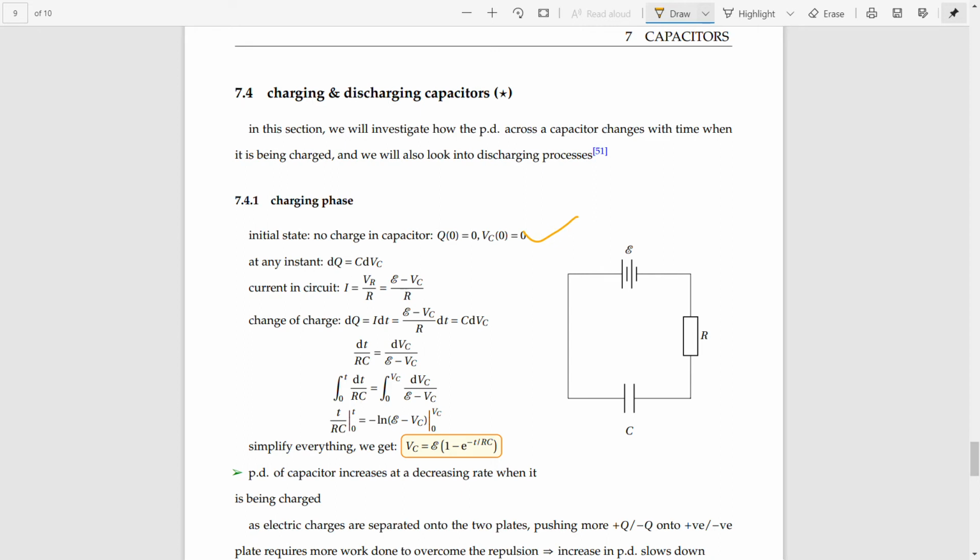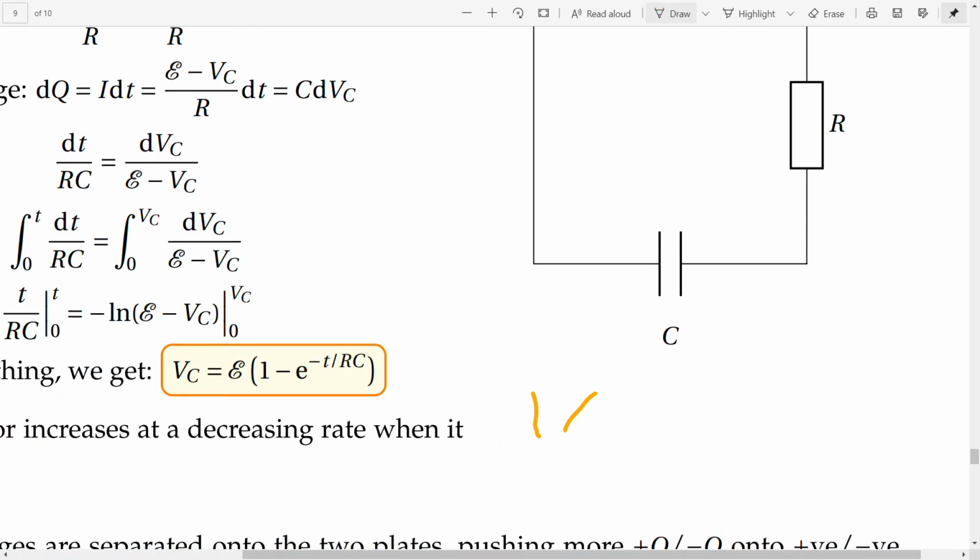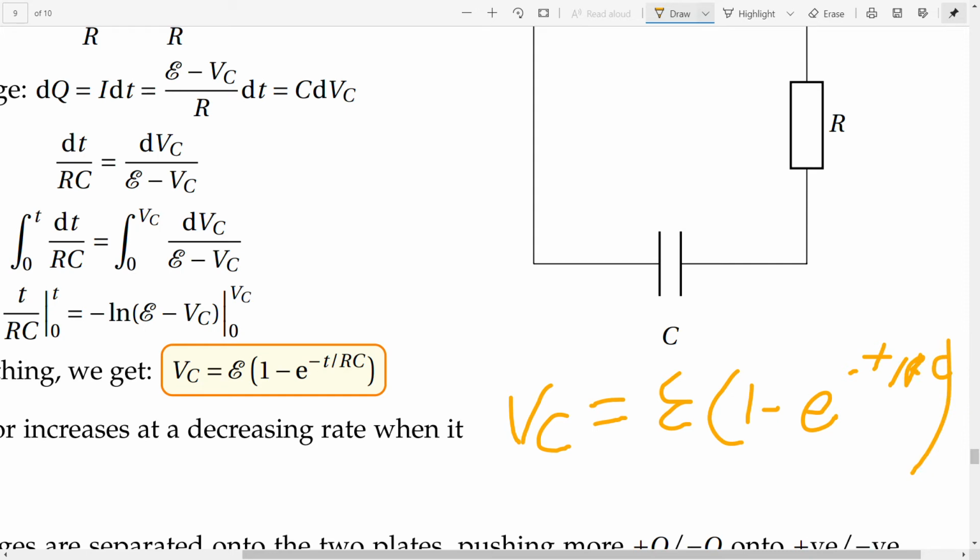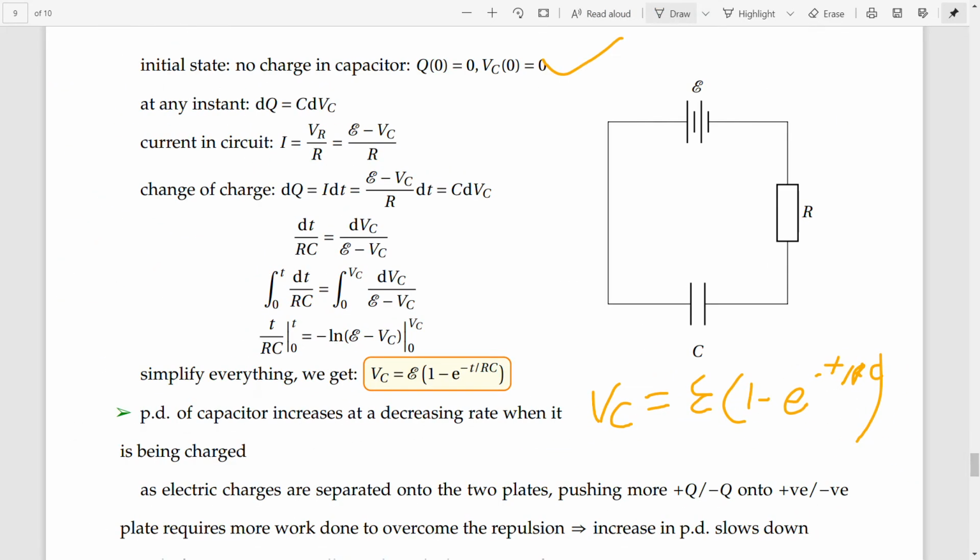For charging a capacitor, you just do V_C equals V_0 (1 minus e to the power minus t over RC). It's a very simple thing. The yellow mark is very important.